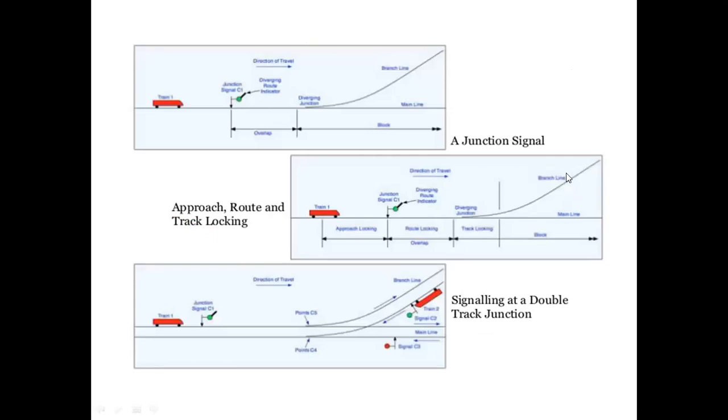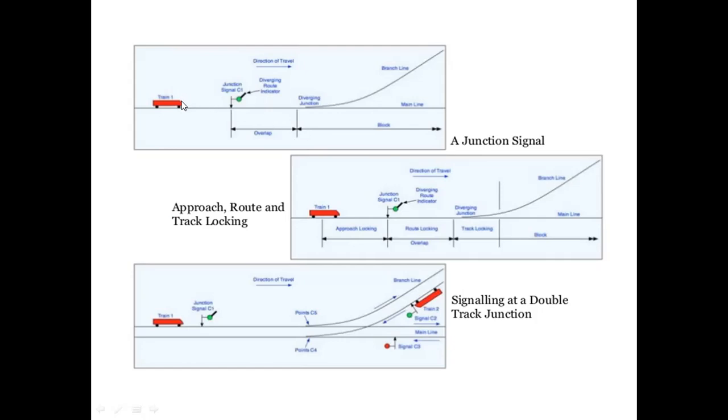Here is the junction signal, where the diverging route indicator and the junction signal C1 are shown. This is the overlap length from the signal to the diverging junction.